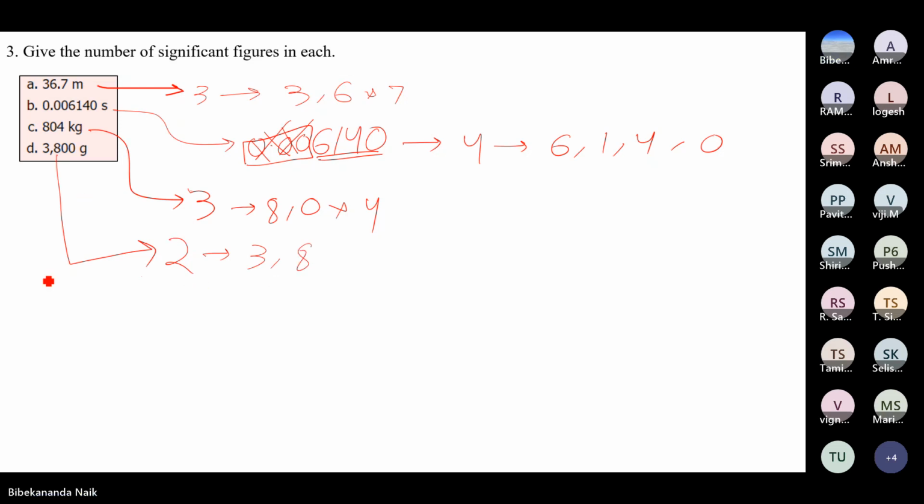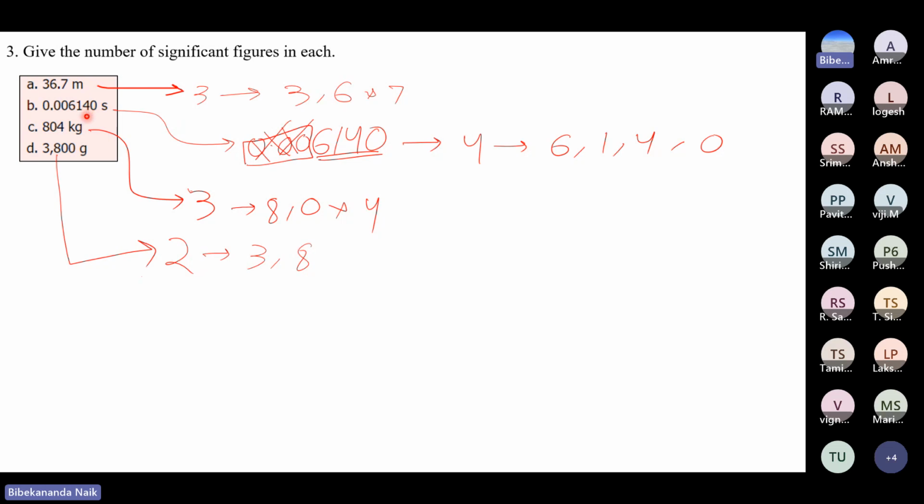So in A, there are 3 significant digits because they are all non-zero. But in B, there are 7 digits, but the number of significant digits is 4 because all the 3 zeros come before the non-zero digit 6, and it is a decimal number.